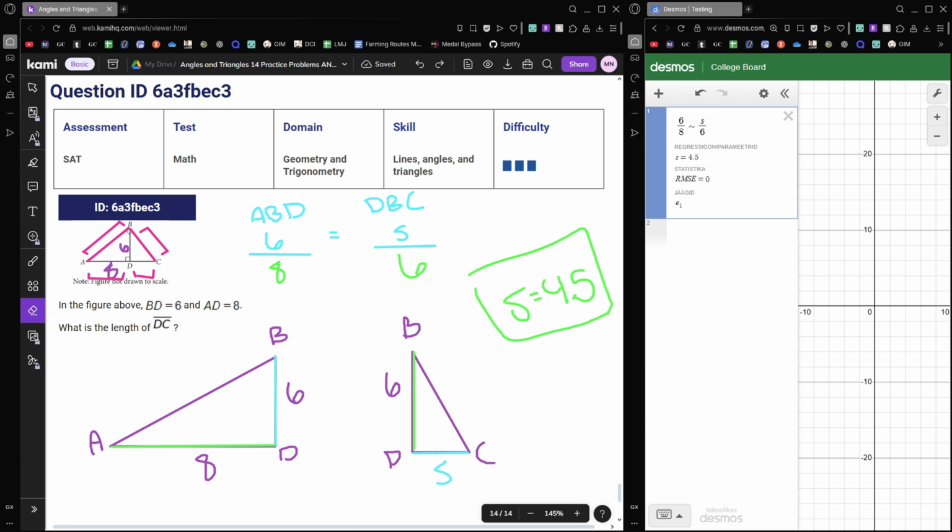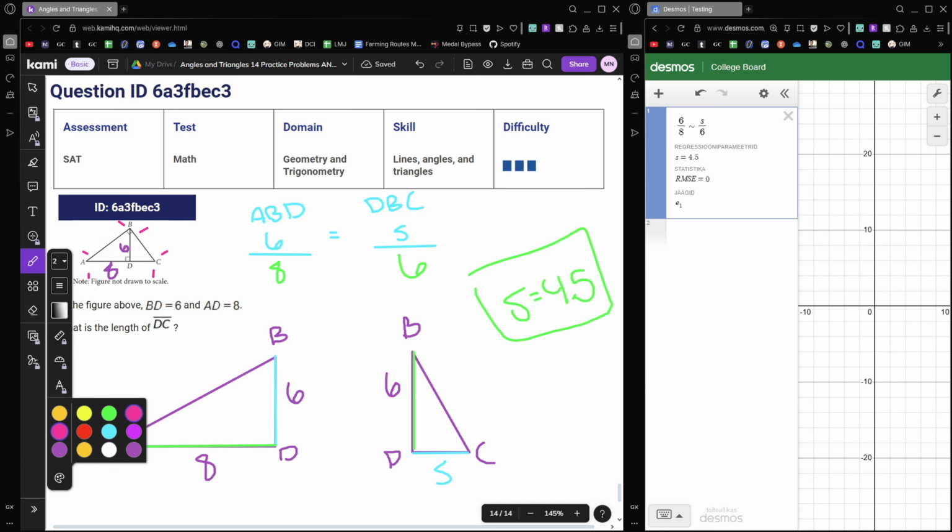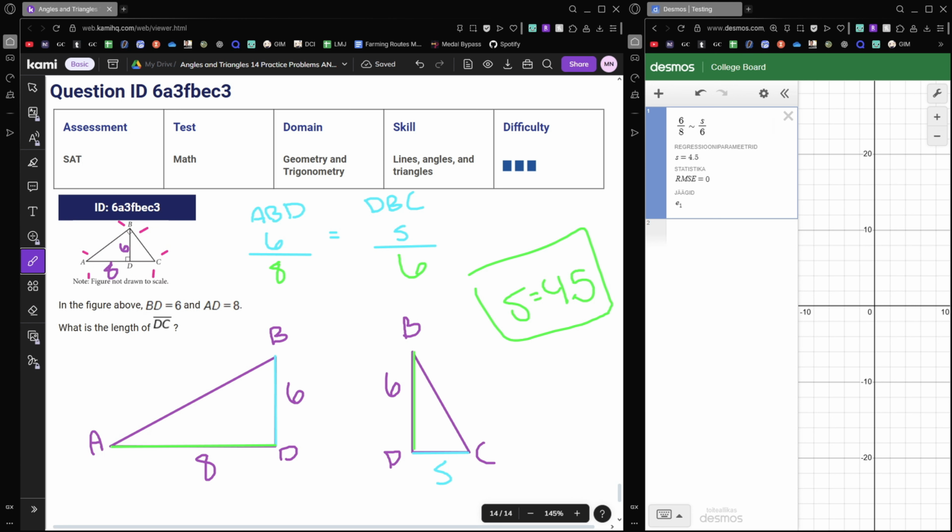And the answer to that is that it entirely depends on what you're given and what you're solving for. So here in this question, they ask us to find the side length of DC. This side right here. And you'll notice that side DC is the shortest side in the triangle on the right, which means that you definitely want to be using the shortest side in your proportion. So that's one down. We know that we need the shortest side in the proportion.